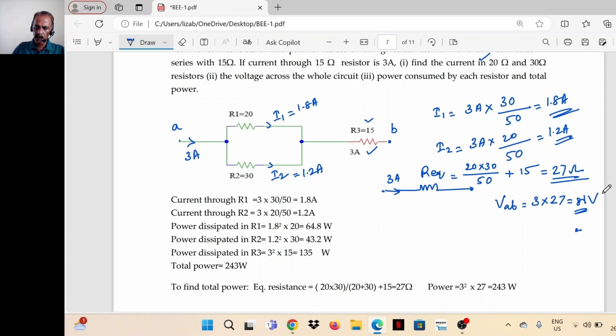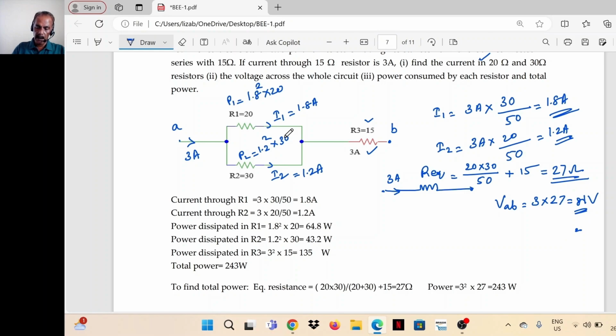Then power consumed by each resistor and total power. So power consumed by R1, P1, is 1.8 square into 20. P2 is equal to 1.2 square into 30.